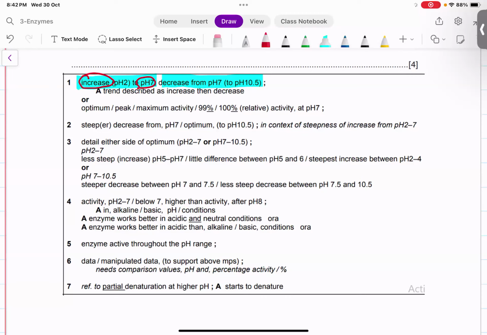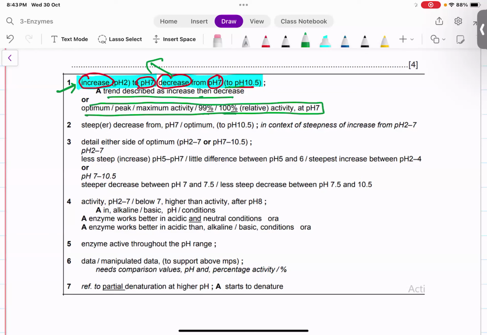And as we further increase the pH from 7 to 10, the rate decreases. The words increase and decrease are for the rate, and the other is the changes. So, the trend is described as increase then decrease. Optimum or peak maximum activity, 99% or 100% relative activity at pH 7. So this is another point.